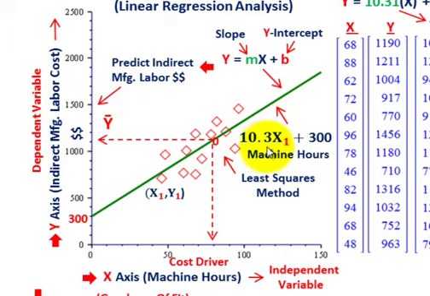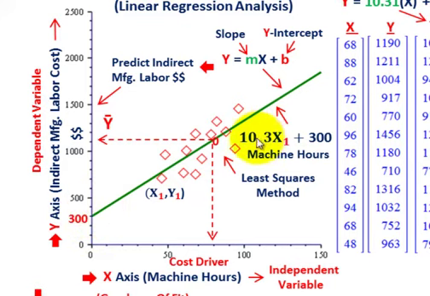So for every machine hour, we have $10.3 in indirect manufacturing labor cost. Plus, we have what they call a y-intercept. We have to add 300 here. So 300 is where we have zero machine hours, we still have indirect labor cost of $300.